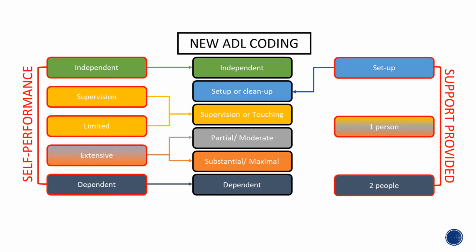One-person support can be coded in multiple ways and really depends on what the patient's needs are. So if you are using one person, this could be supervision or touching, partial or moderate, substantial or maximal, or even dependent. But if you're using two people to help somebody, that is always now coded as dependent.